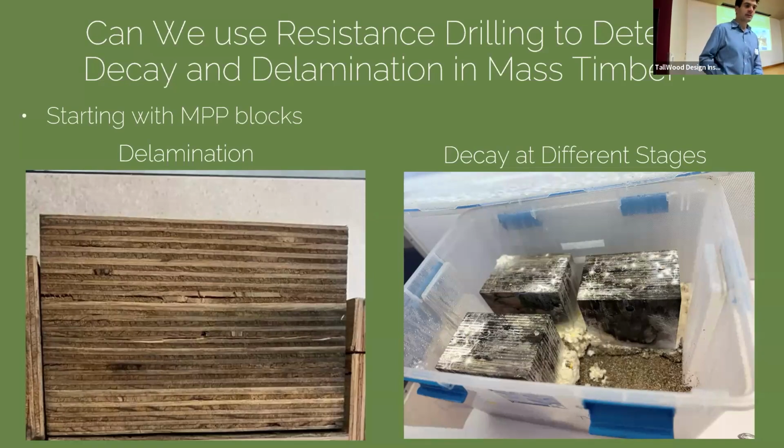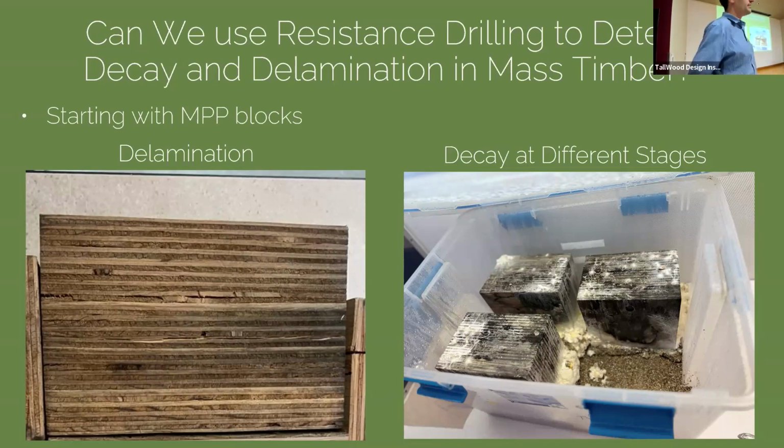So we wanted to look at whether or not we can use this effectively to inspect mass timber elements. Moisture issues in mass timber buildings may cause issues like delamination and fungal decay, and both of those have a very negative impact on structural performance of the composites. And so what we are doing now is starting with MPP blocks.